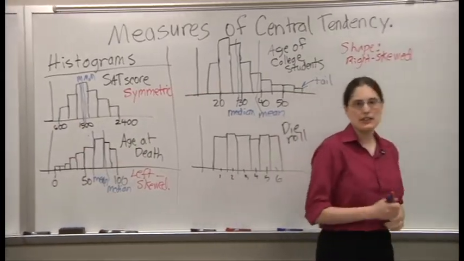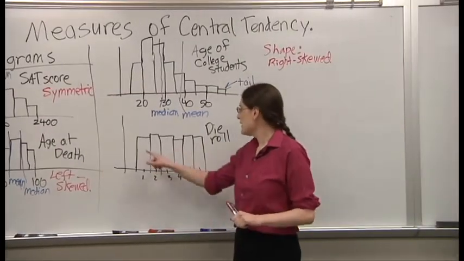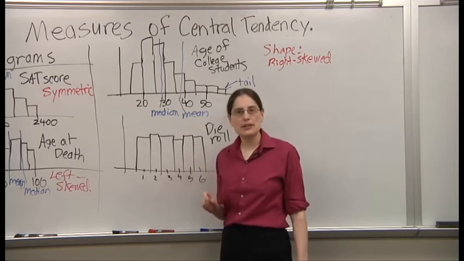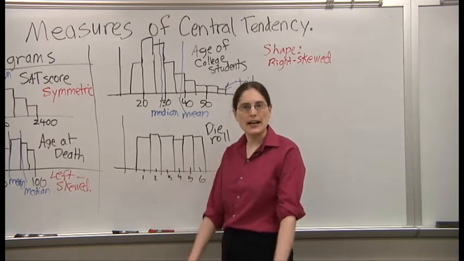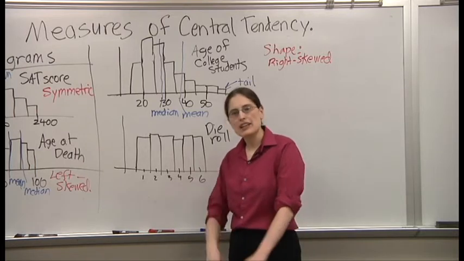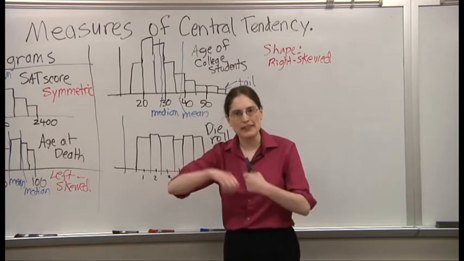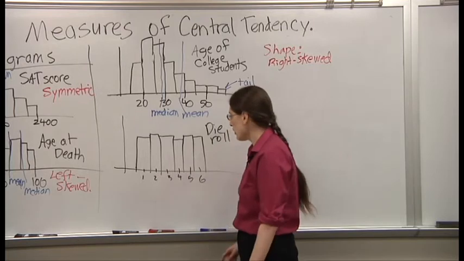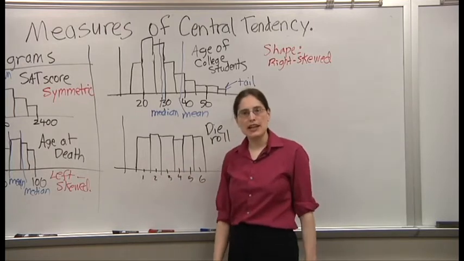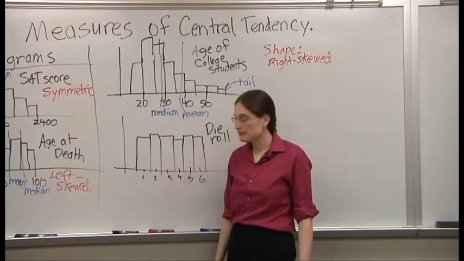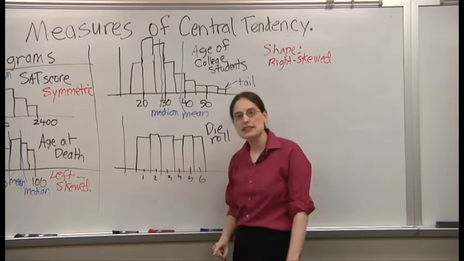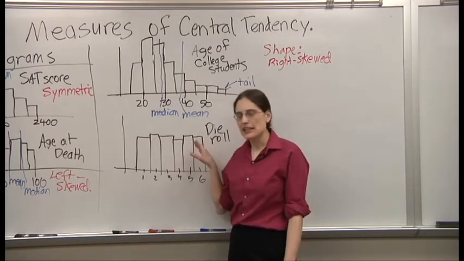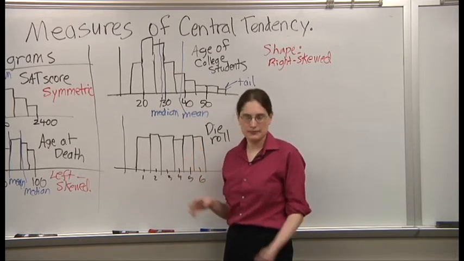Now this last histogram is about what would happen if I took a regular six-sided die. Remember, die is what you call one of them if you have dice, and you roll it over and over again and you record what happens. I get 1s, 2s, 3s, 4s, 5s, and 6s approximately equally often.